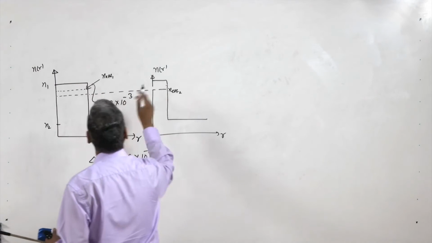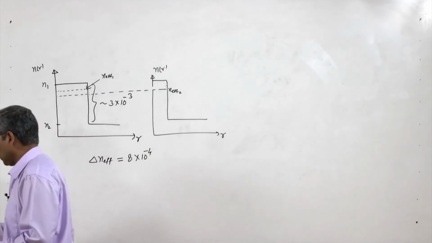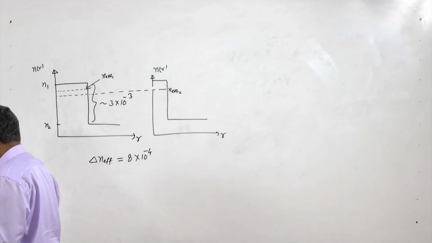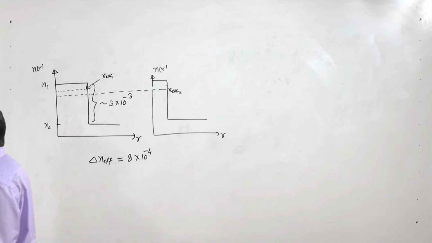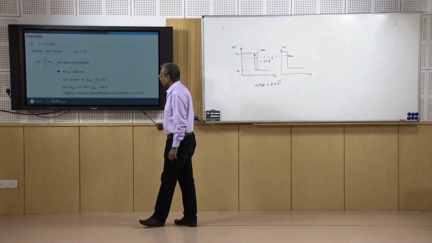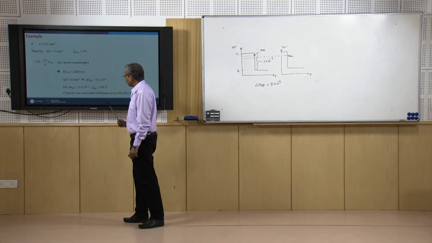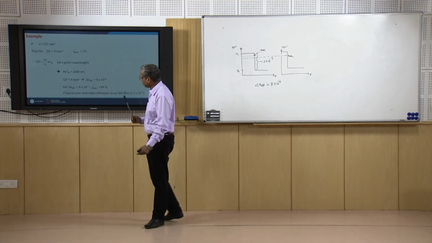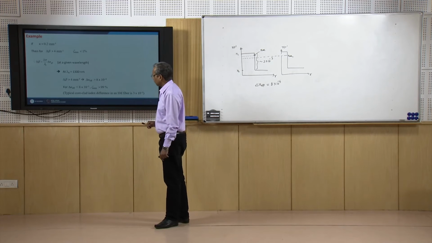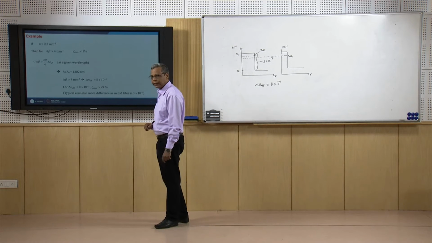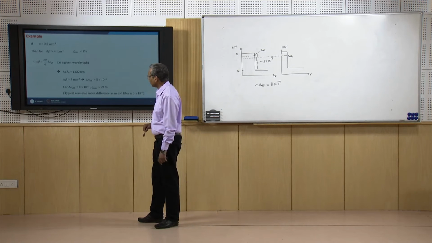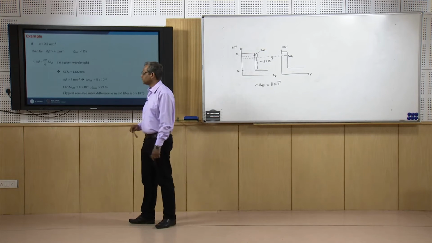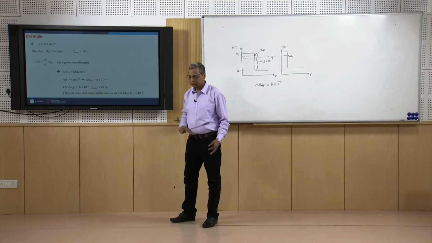If you compare these two, the difference should be much smaller. And if you calculate the value for maximum coupling of power, for example, for more than 99% coupling of power, then this delta n effective should be less than 8 into 10 to the power minus 5.